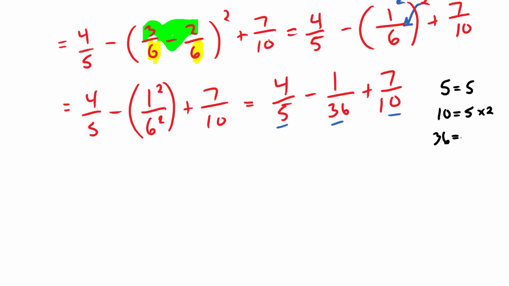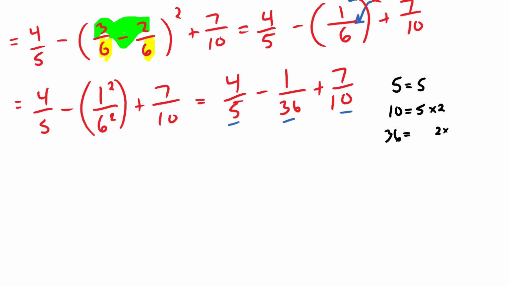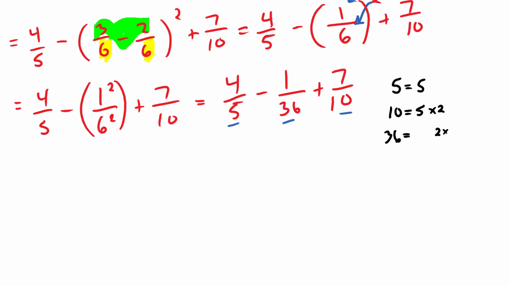And 36, what's 36? 36 is 4 times 9, right? So we have a 2 in there. That'll be 2 times 18. Well, I could write 18, but that would be inappropriate. Instead, I need to break it down to its prime numbers. So 18 is going to be 2 times 3 times 3. 2 times 2 is 4 times 3 is 12 times 3 is 36.